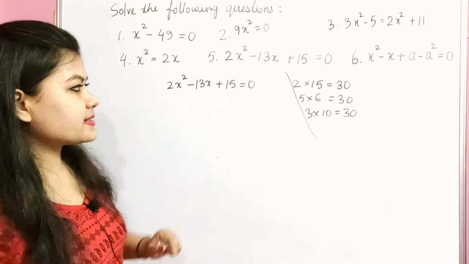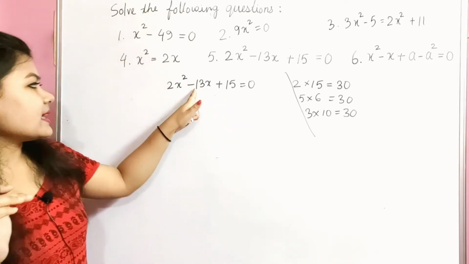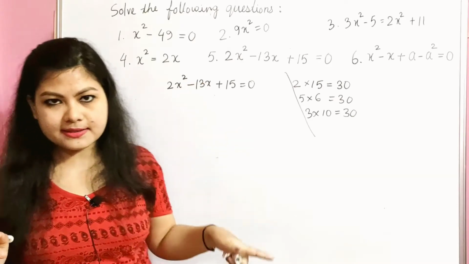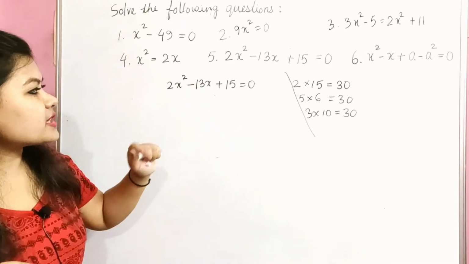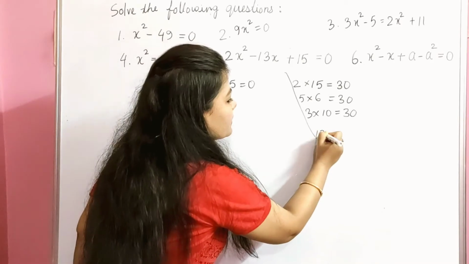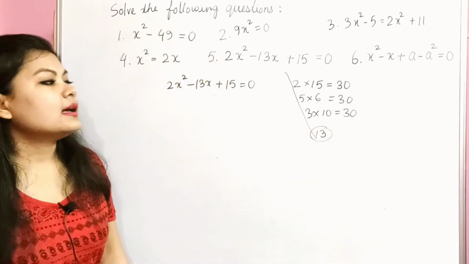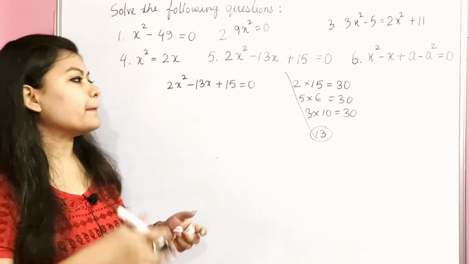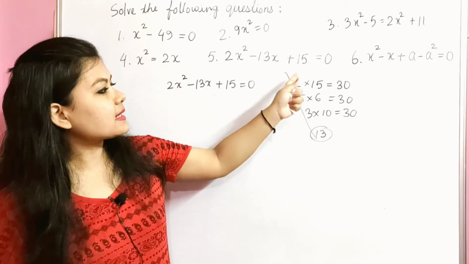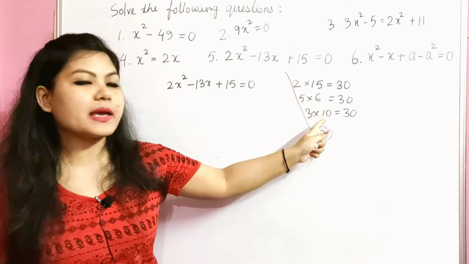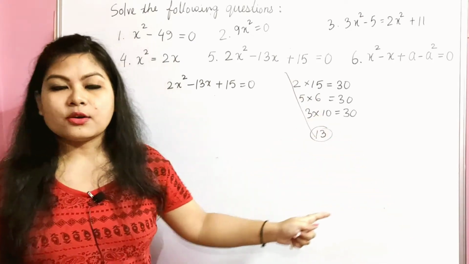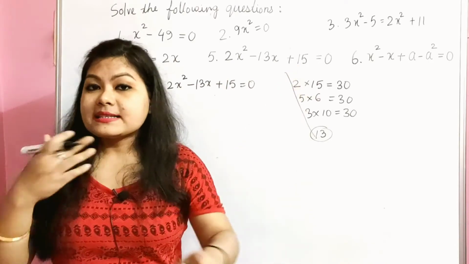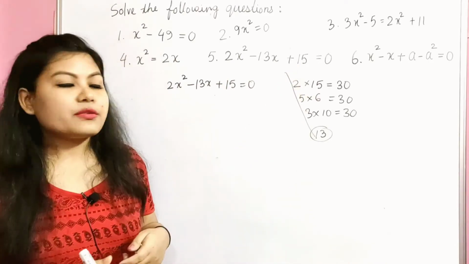Now this is the first step. The second step is that we will consider the coefficient of x, which equals 13. Then we need to find this value by adding or subtracting one of these pairs of numbers.